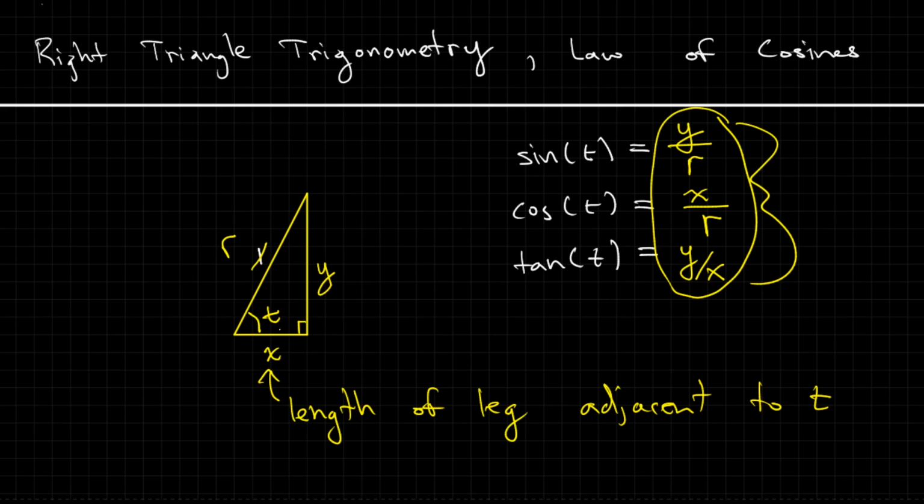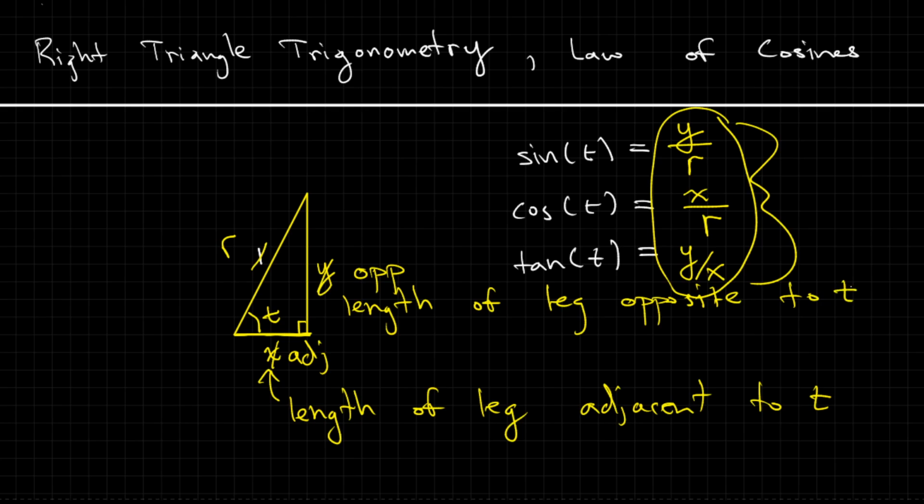So the leg of the triangle is this horizontal side. And frequently we just abbreviate this length x with the letters ADJ for adjacent. For y, we typically abbreviate that OPP. It is the length of the leg opposite to t.